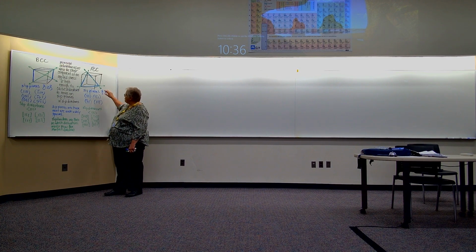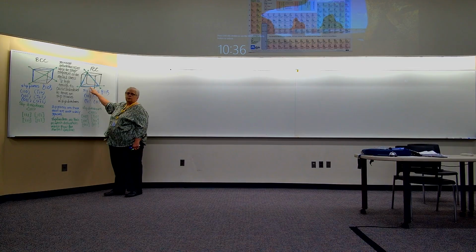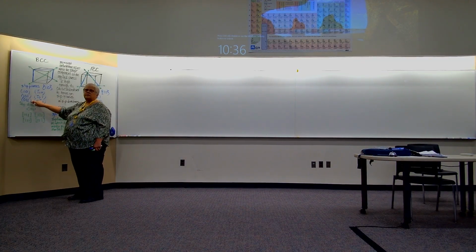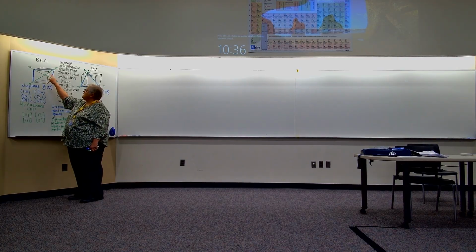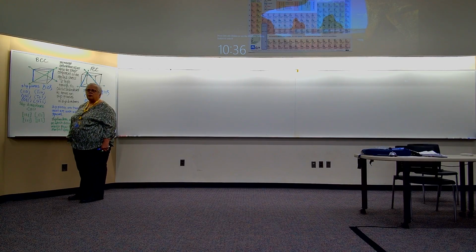For FCC, there's 4 planes, 3 directions for each plane. Also on that table. For BCC, there's 6 different planes, 2 directions for each plane. And what's true about every direction and every plane is that the dot product is 0.